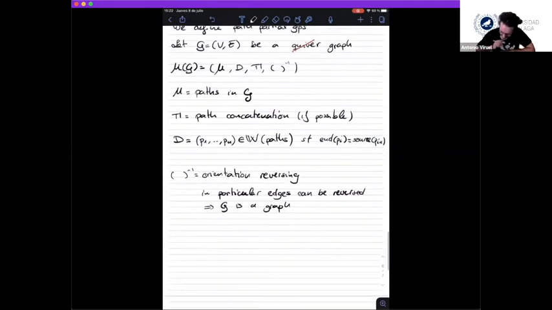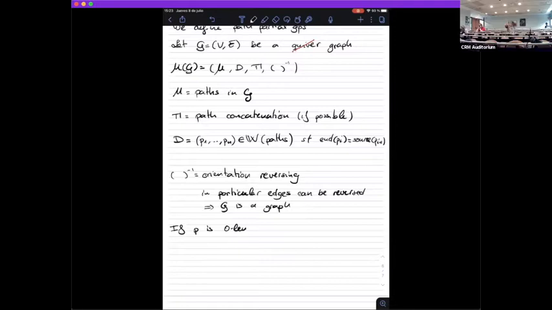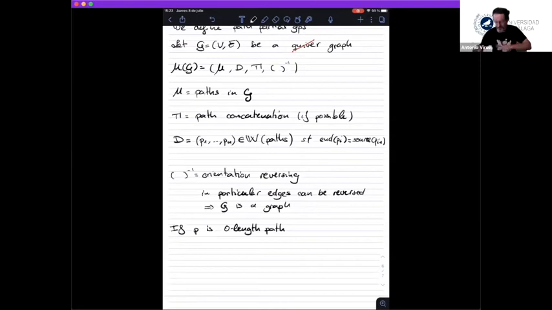In particular, if p is a zero length path, so essentially we've got a vertex, right? Then v minus 1 has to be v.